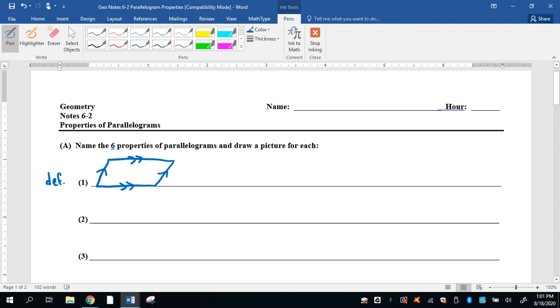Let's write it down. So we have two pairs of opposite parallel sides. You can just use the symbol for parallel.